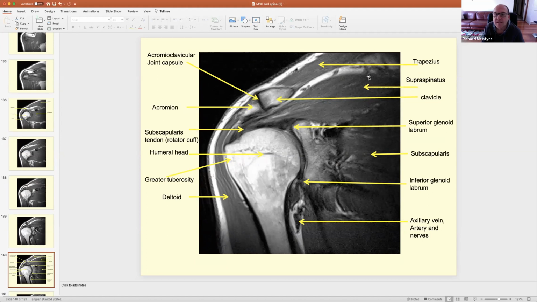Okay, and you can see how there's the muscle there, and then it extends down to the tendon, the supraspinatus tendon, or the rotator cuff. Humeral head, greater tuberosity. Okay, so that's attachment for a lot of structures, including the supraspinatus tendon.